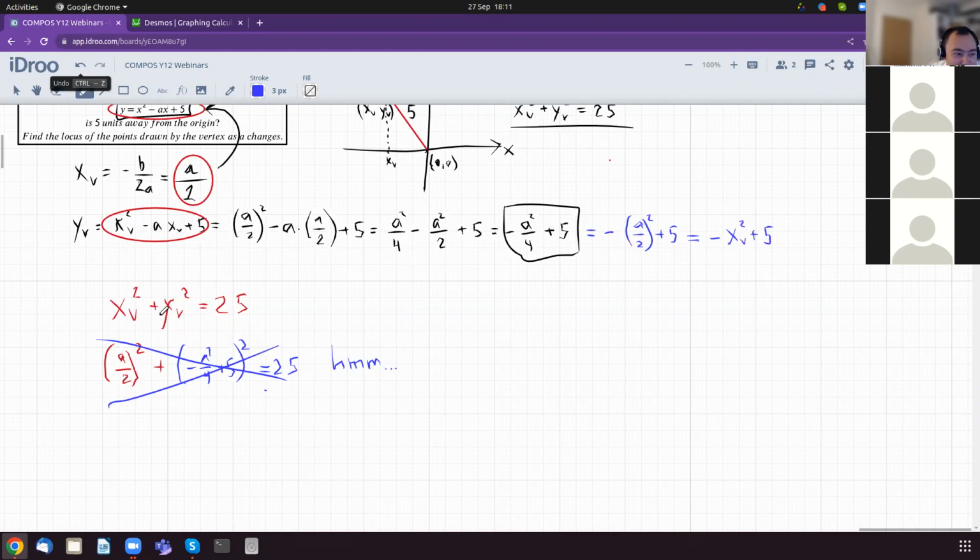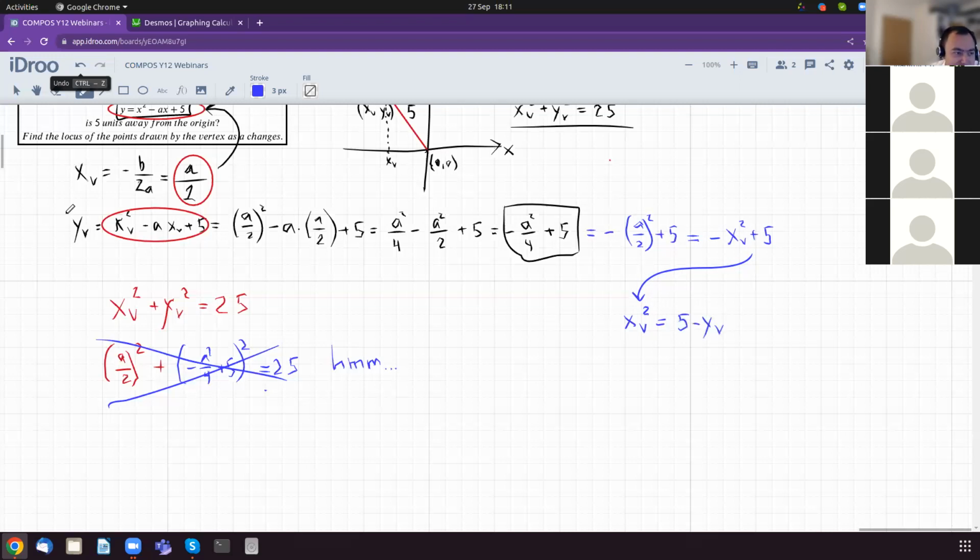And now back to this. We know that x, so from here, we can say that x vertex squared is equal to 5 minus y vertex.